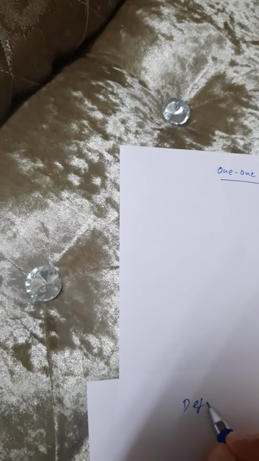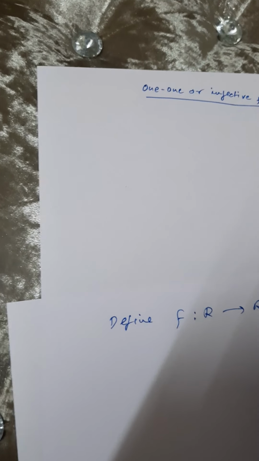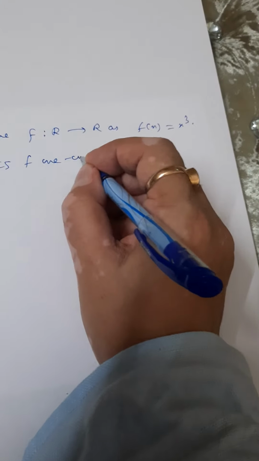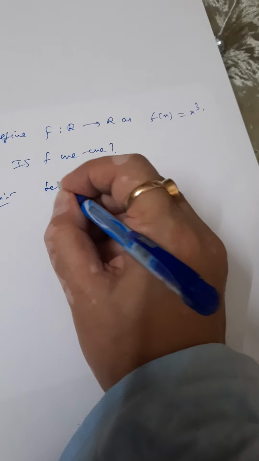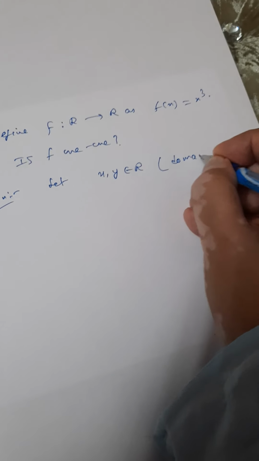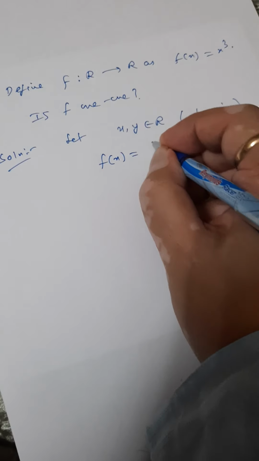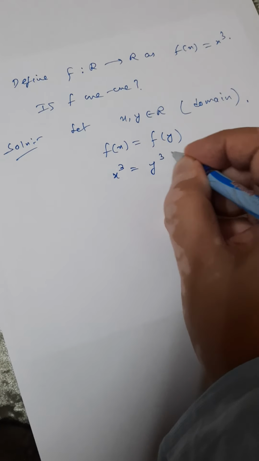Define f from R to R as f(x) equals x cube. Is f 1-1? Answer is yes, but how to write it out? You'll write let x and y belong to R, that is the domain. Now, f of x equals f of y. This means x cube equals y cube.